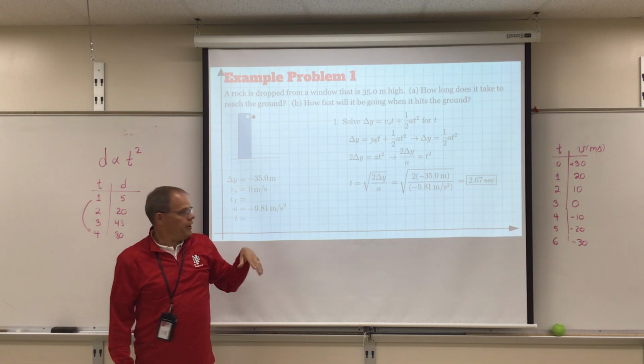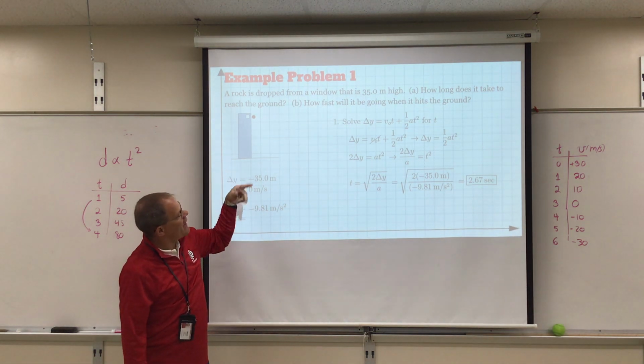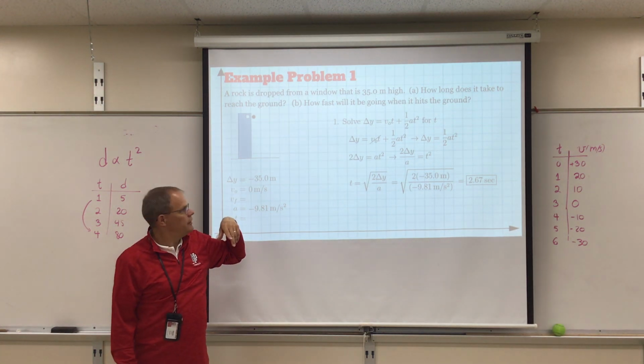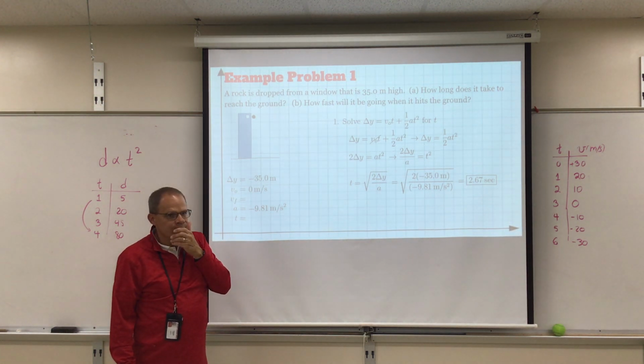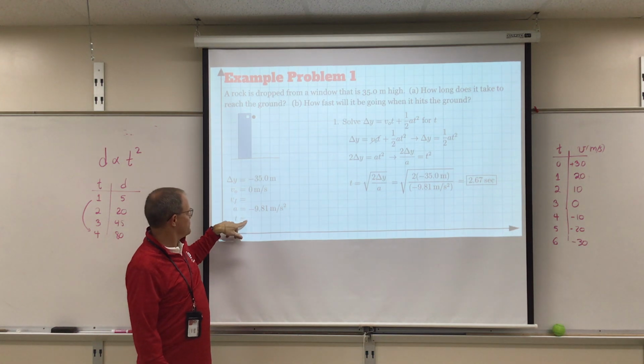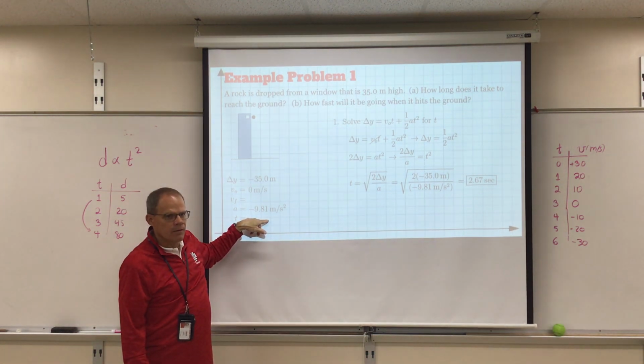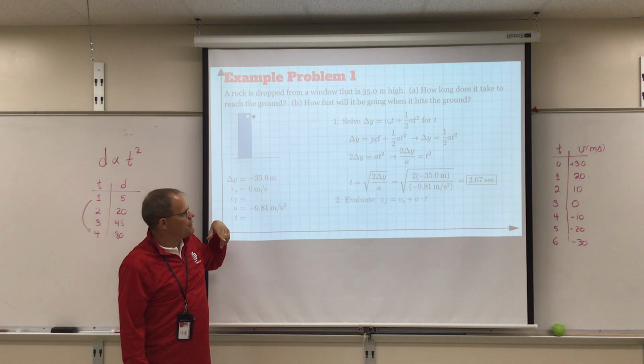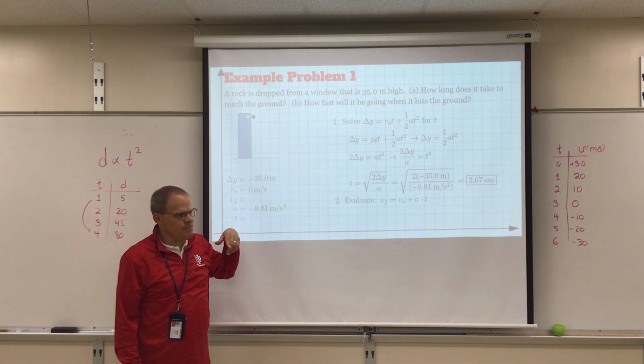All right. What would you do now to find how fast it's going before it hits the ground? Eli? We now know the time. Yes, you can evaluate the first equation to find the final velocity.